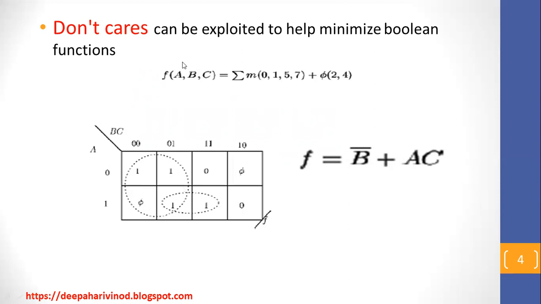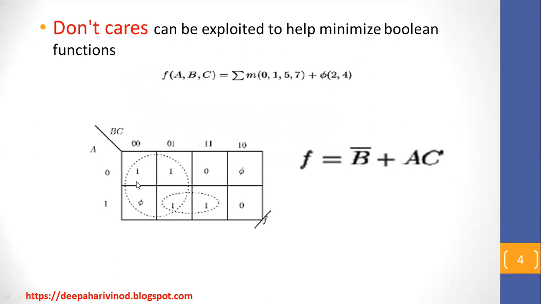It is a three variable K-map, and the function is given, f of ABC equal to summation m 0, 1, 5, 7 plus phi of 2, 4. This represents the don't care condition.